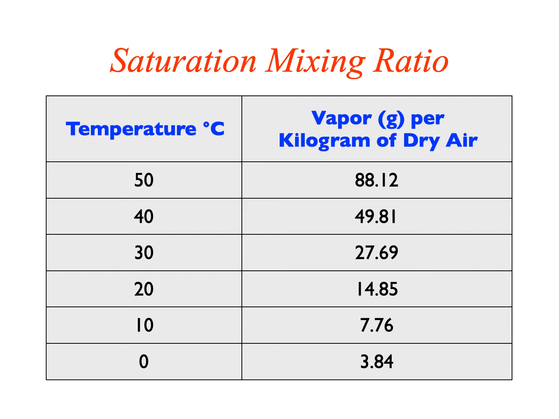And you'll note that the amount of water vapor that can be held is not increasing in a linear fashion. So there's roughly a 4 gram increase from 0 to 10. From 10 to 20, it's in the order of 7 grams. From 20 to 30, almost 13 grams. So it's increasing exponentially.